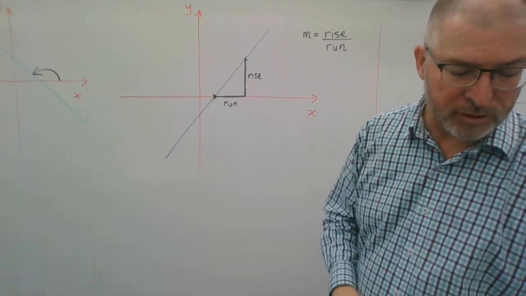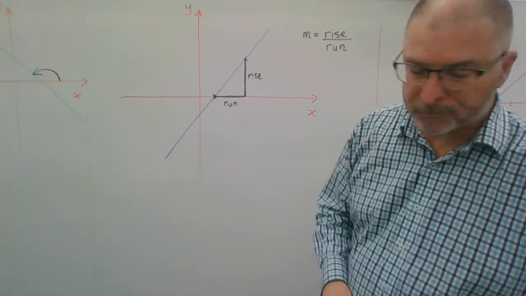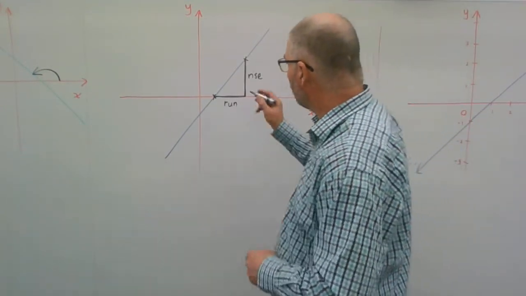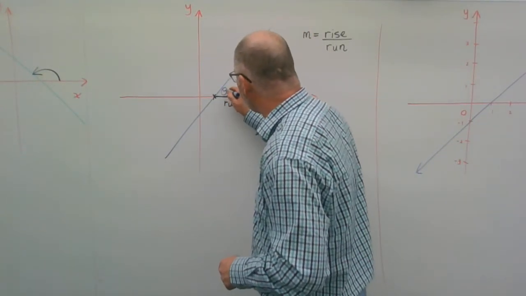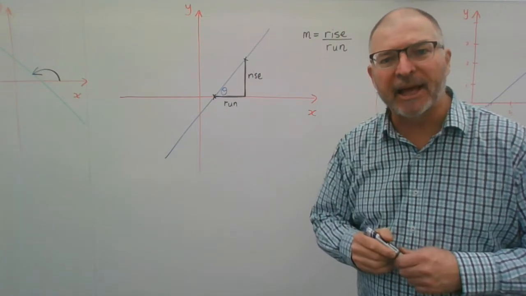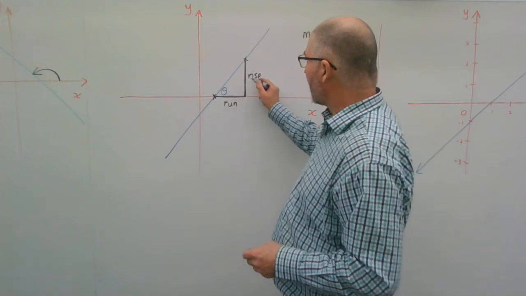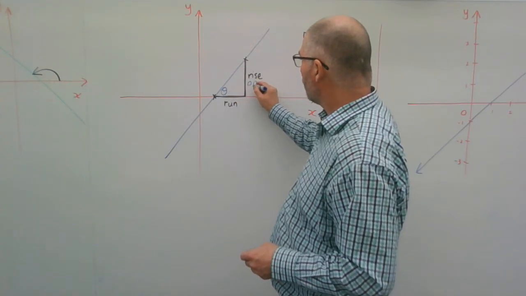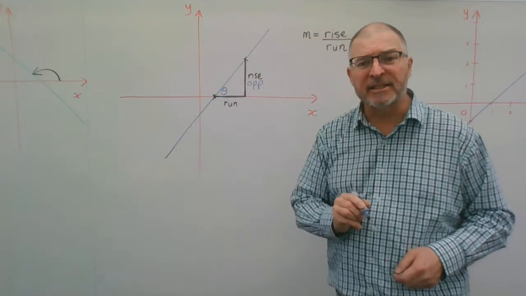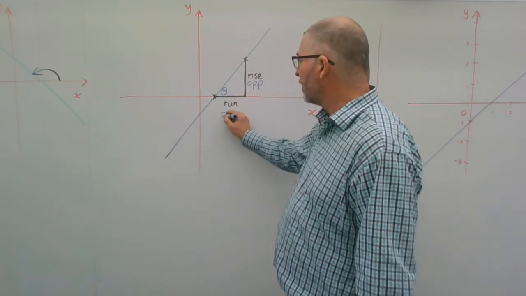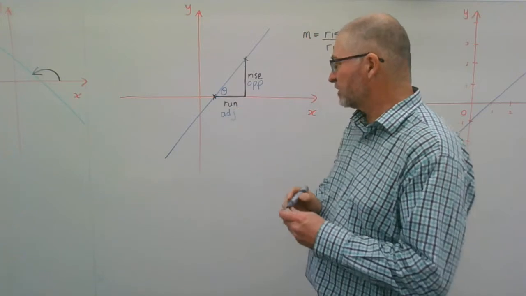But what's interesting here is that also, if we look at that angle there as being the angle of interest, the side opposite to that angle from trigonometry, we know, is the opposite side. And the side next to it here, we know, is the adjacent side.